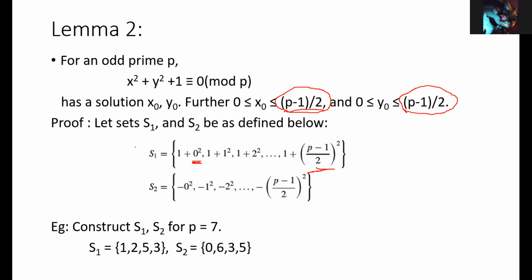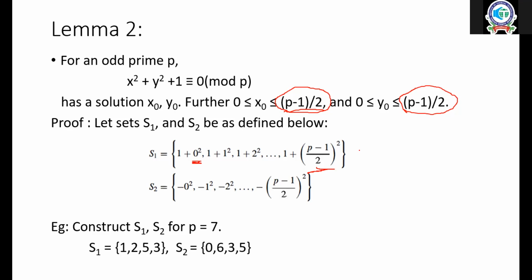But there are only P distinct congruences possible. So by the pigeonhole principle, some two of them must be the same, one from S1 and one from S2. They should be equal. Right? Yes, sir. So beautiful proof, right? Very wonderful proof.